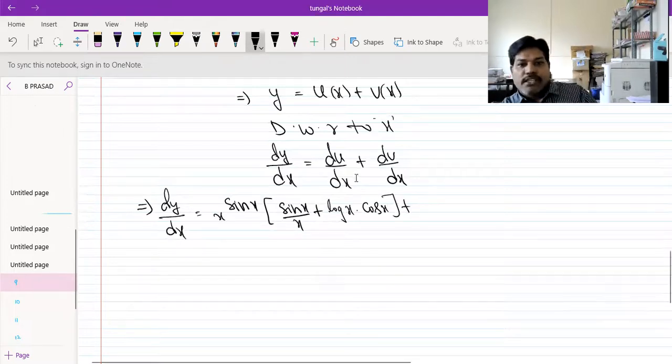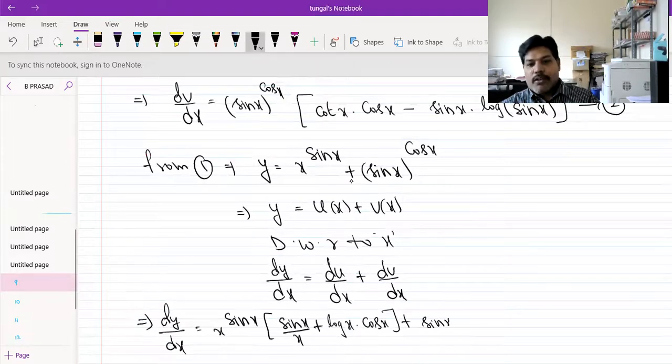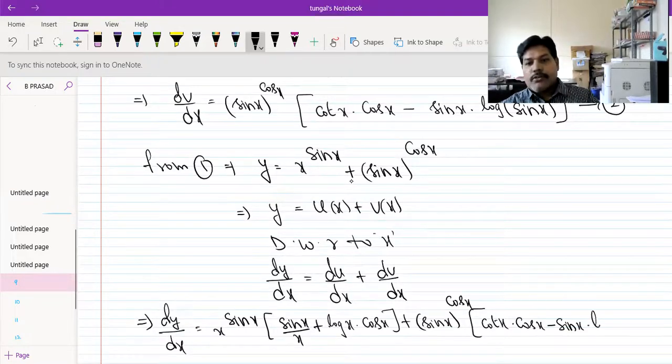Plus what is the dv by dx, students? dv by dx is here. That is nothing but sin x power cos x into, what is that value? That value is nothing but cot x into cos x minus sin x into log of sin x.